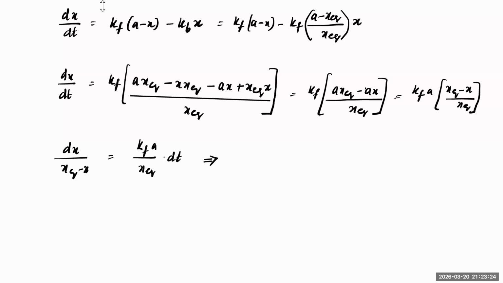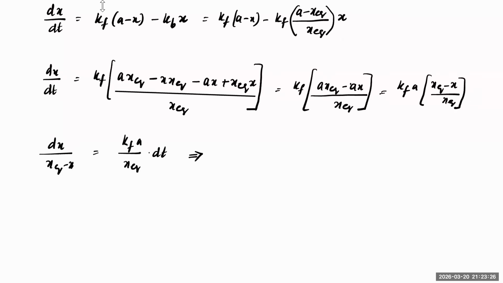Now we have appropriate variables on both sides. So you'll have dx by (x equilibrium minus x), and x varies from 0 to x, that is equal to kf into a by x equilibrium, because these are all constant, 0 to t dt.